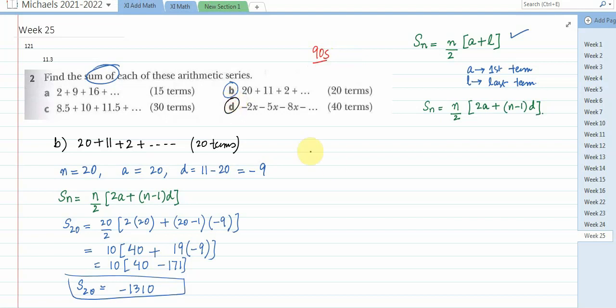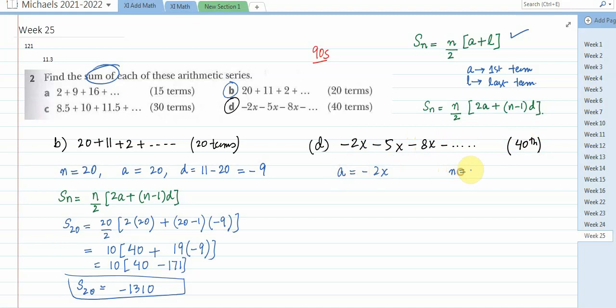Alright, part D, it says minus 2x, minus 5x, minus 8x, and it goes on, and you are looking for 40 terms. Alright, so for the data part, the first value is minus 2x, right?